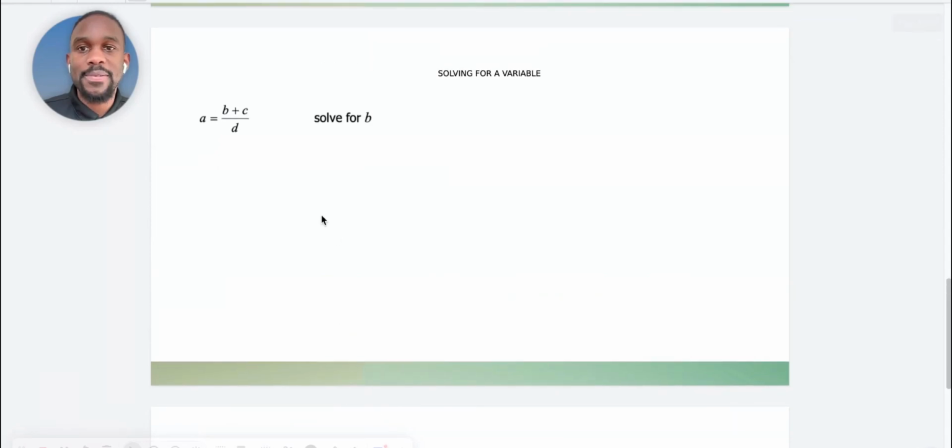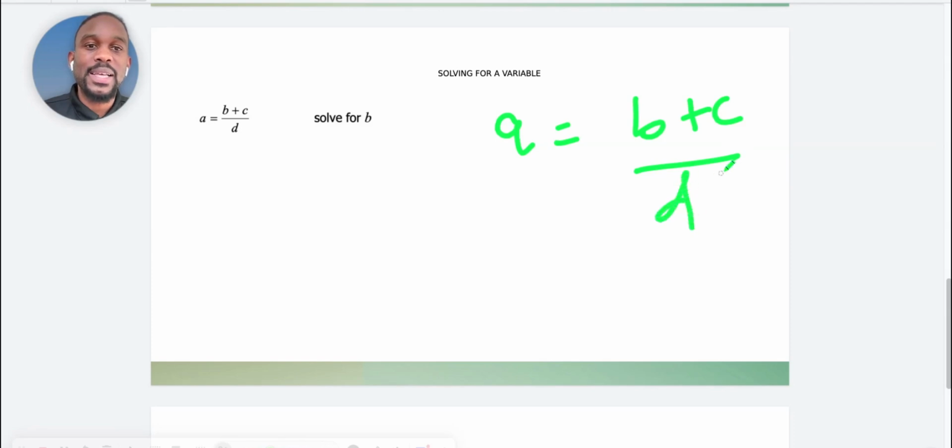So we've made M the subject of the expression, or we've solved for M. What if we have this expression and they're telling us to make B the subject of the expression, or to solve for B? It's pretty much the same. You see how we have B right there. We have A is equal to B plus C, divided by D. Let's first get rid of this divide by D. To get rid of this D, we need to multiply both sides.